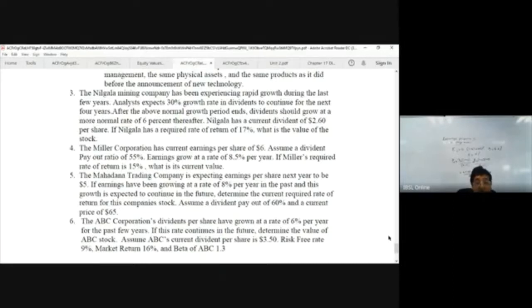But K has to be found. We have to find out K, the required rate of return. Price is given. Current price is given. Shall we try? You can try.